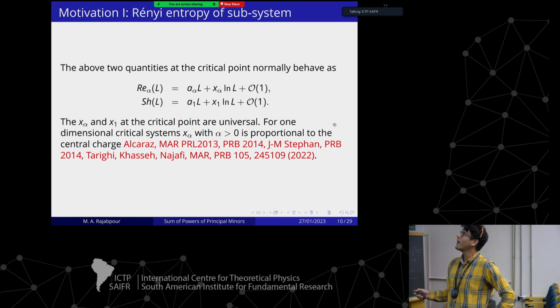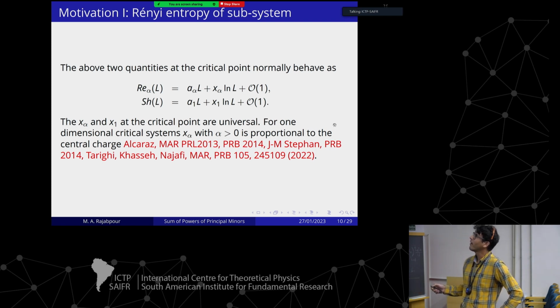If you are at the critical point, you have the extensive part, and then you have an extra logarithmic part. This extra logarithmic part has a coefficient which, for alpha bigger than 1, and in some cases even for alpha equal to 1, looks like a central charge.